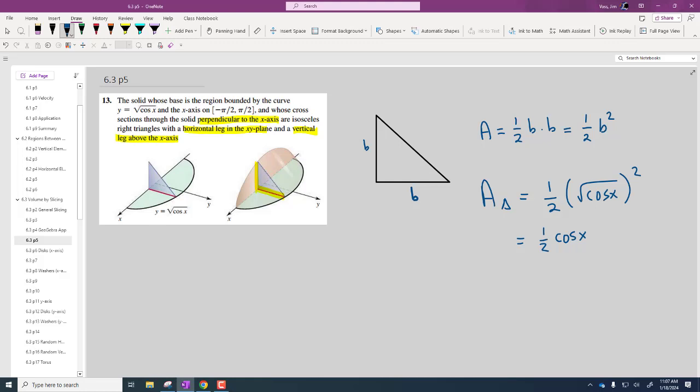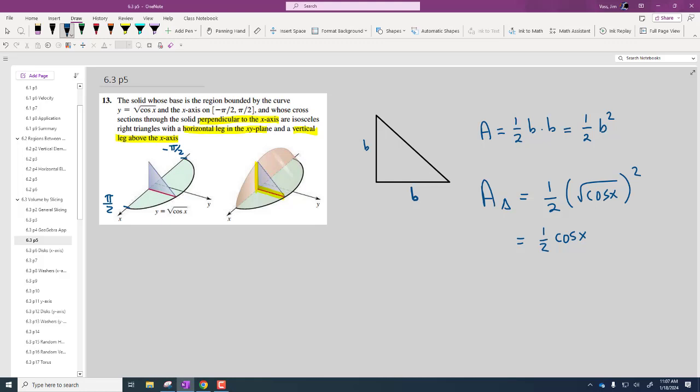Let's just double check. They tell us that this is going to end at pi over 2 right there, and this is going to be minus pi over 2 back there. Those should give us areas of 0, because we've pinched down to a single point. So let's check. Cosine of pi over 2 is 0. Cosine of negative pi over 2 is also 0.